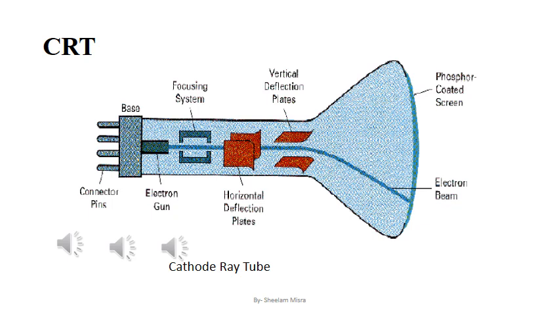A CRT is an evacuated glass tube. An electron gun at the rear of the tube produces a beam of electrons which is directed towards the front of the tube by a high voltage. The inner side of the screen is coated with a phosphorus substance which gives off light when it is struck by electrons.